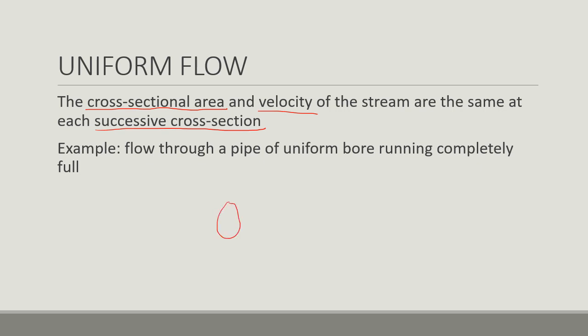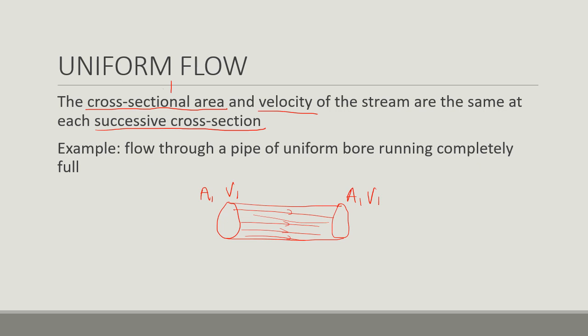That is, when you have a pipe of uniform cross section like this, the flow is going to be uniform. Flow will be uniform because the area here and the velocity here are going to be the same as the area here and velocity here.